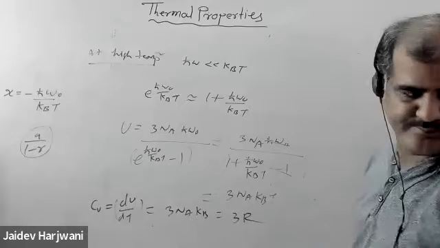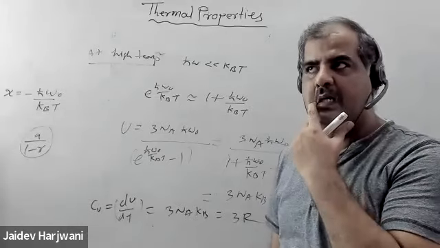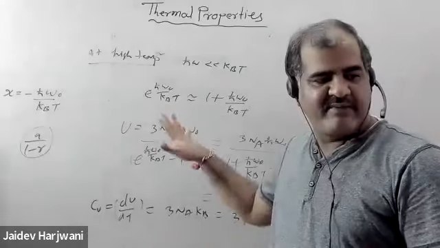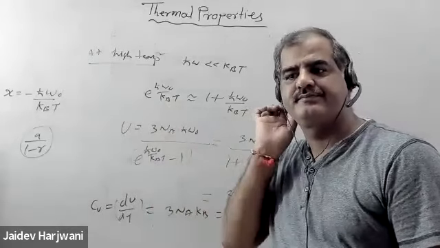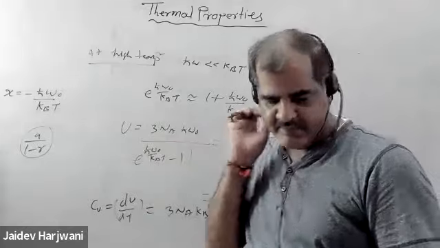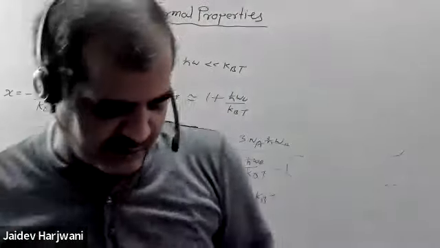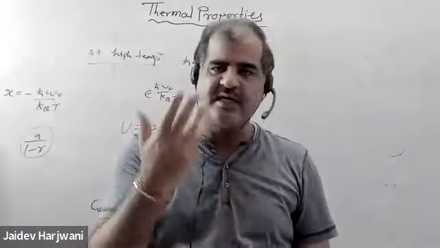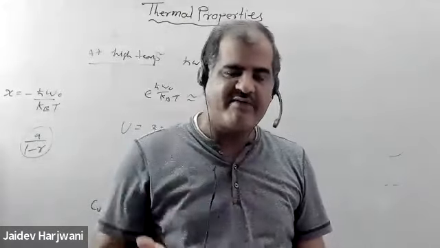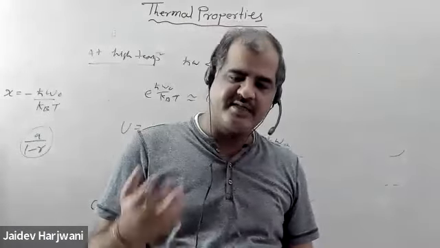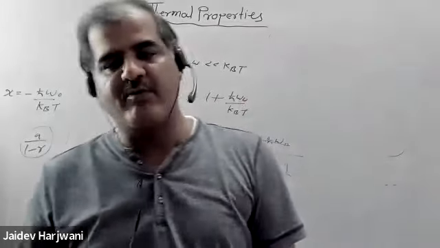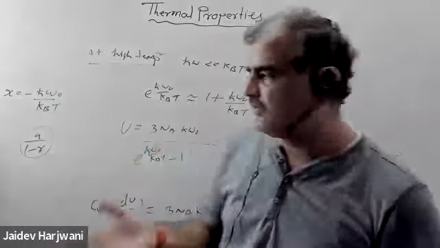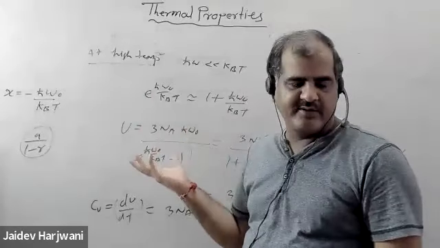Are you comfortable with this? Are you getting what I'm doing here? I am calculating the total energy. In order to calculate the total energy, first I calculated the average energy. Once I know the average energy, I know that in a solid, the N atoms are equal to 3N harmonic oscillators, so I multiply by 3N_A and I get the total energy.